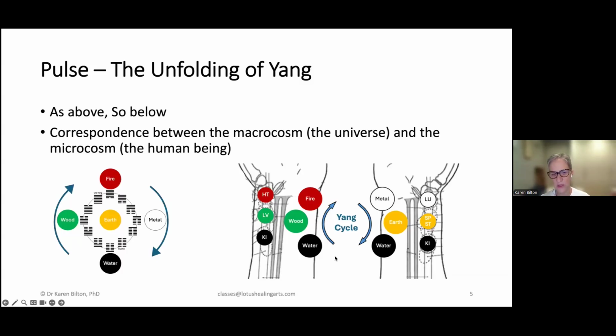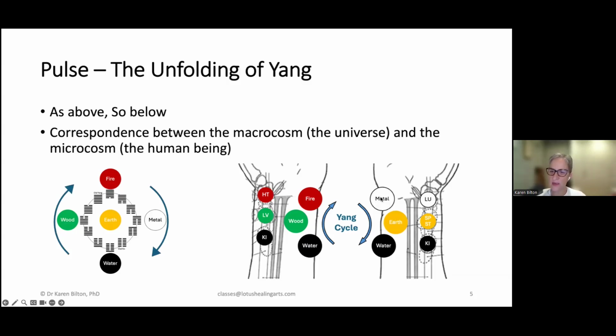this manifestation is replicated on the pulse, where on the left side we have our kidney yin position as our principal position, and then we have our wood, our liver, and our fire, our heart. So the left side of the pulse gives us information about the yang of the system that's available to open up through that tai yang phase of the yang cycle.